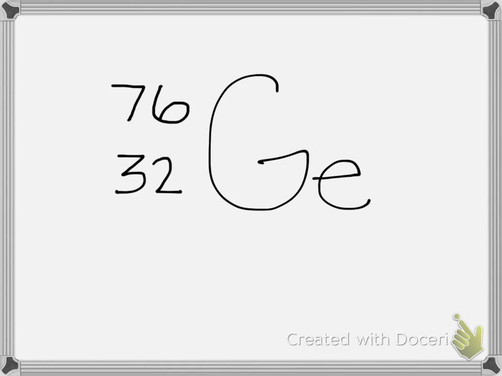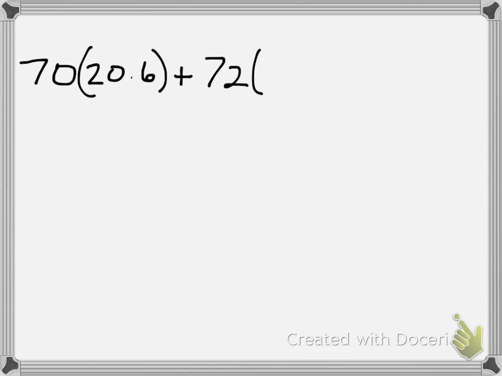Okay? For the second part now, it asks you to use the percent abundance of each isotope to calculate the relative atomic mass. So again, to calculate the relative atomic mass, we have to use all of the data from the mass spec. So my first mass is going to be 70, and I'm going to multiply that by the percentage, 20.6. My second one is going to be 72, and I multiply that by 27.4.